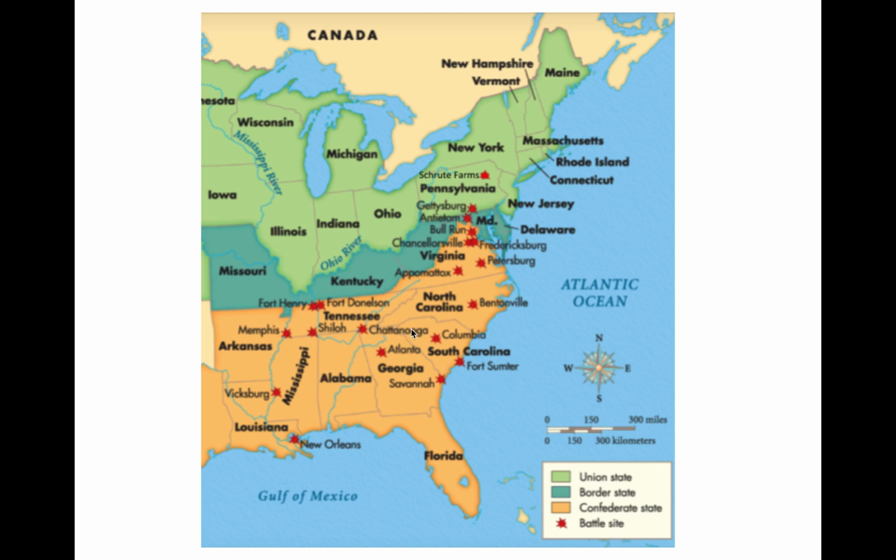And if we recall from the previous lesson, this war was a defensive war for the Confederate States, meaning they were fighting the battles on their own territory. And for the Union States, it was an offensive war, meaning they had to go into the Confederate States' territory to fight. So it was a defensive war for the Confederate States and an offensive war for the Union States.